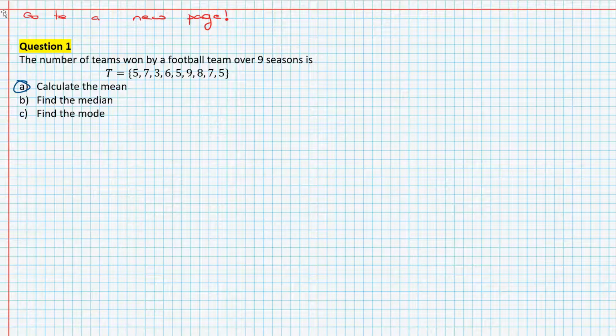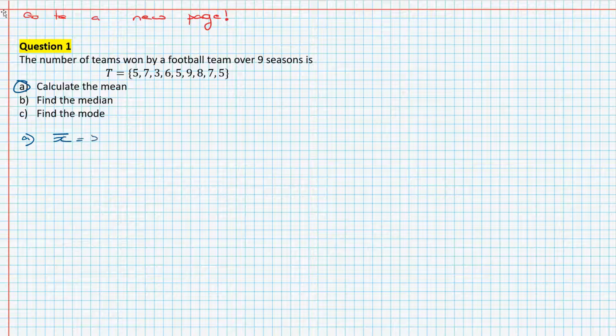So the way in which we're going to do this is, for part A, when we're calculating the mean, we use this terminology here of x bar. So it's a little x with a bar on top. And what we're going to do is grab all of these numbers.